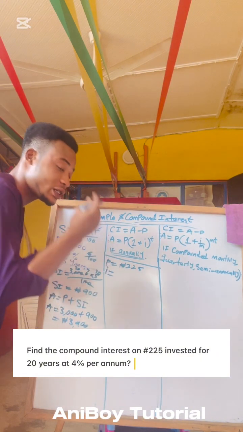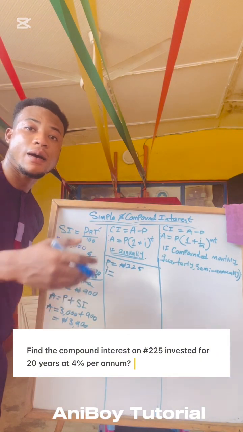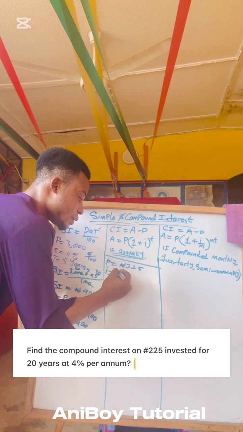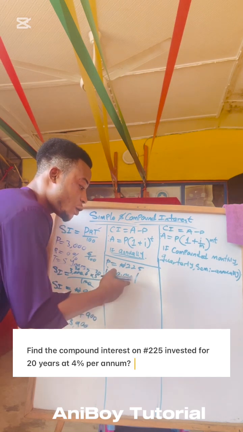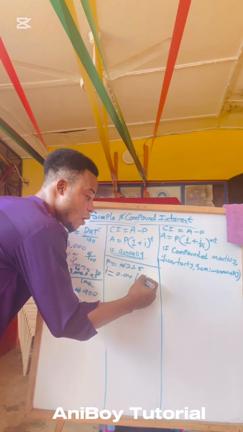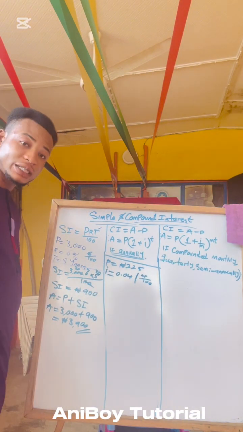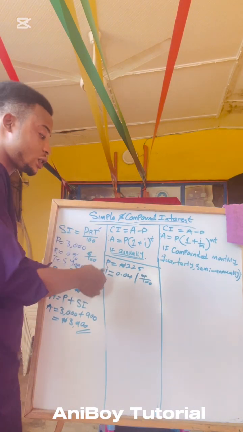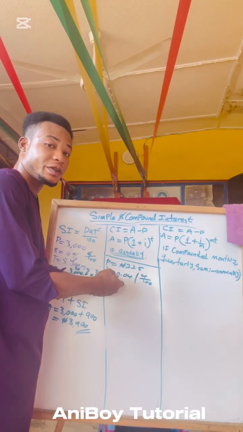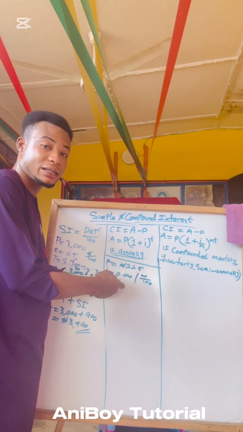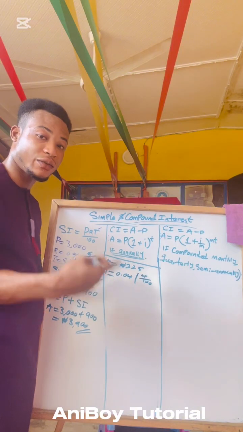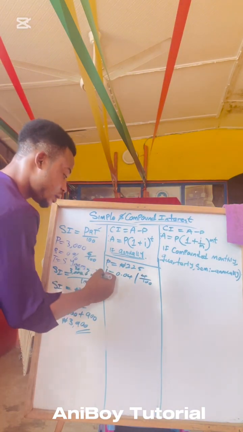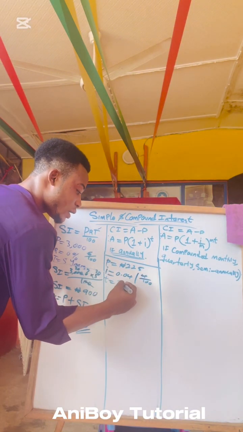Our interest is equal to 4%, which is 0.04. Don't forget that what we mean by 0.04 is 4 over 100. That is our percentage. It is better you write it in decimals like this instead of fraction, so that you will be able to calculate it faster. And our T, we say 20 years.